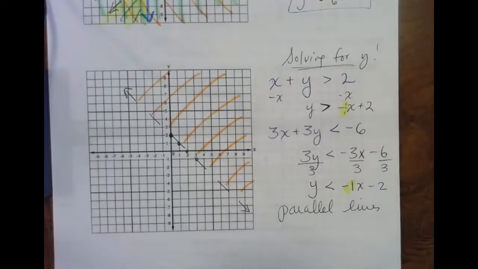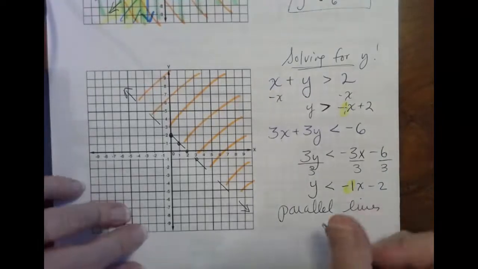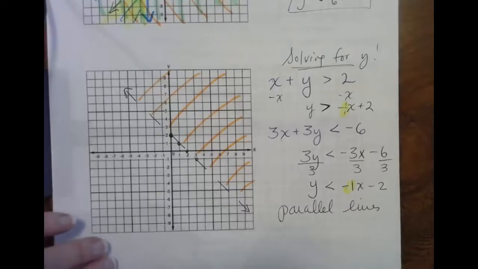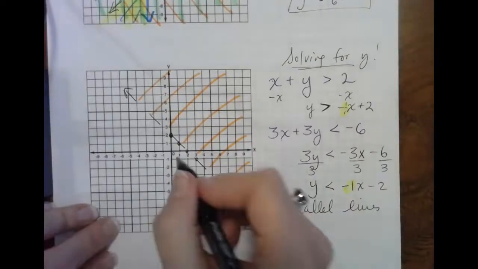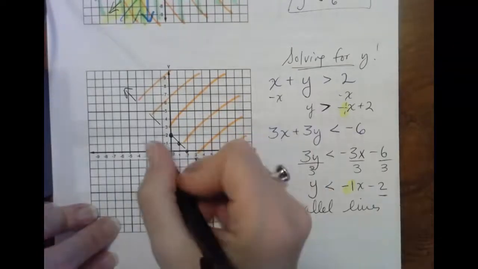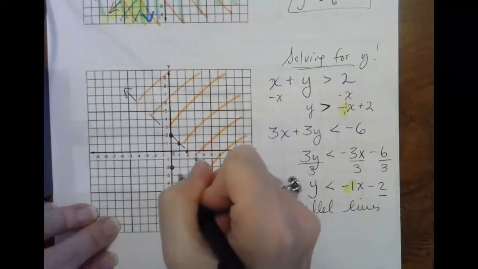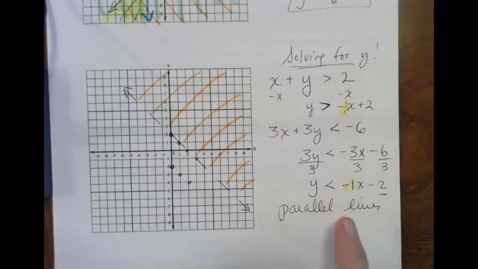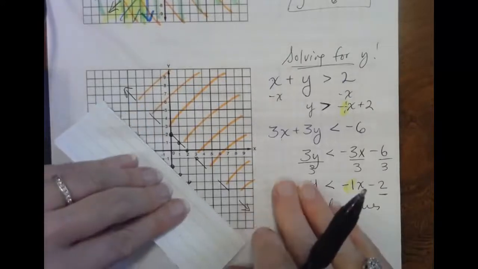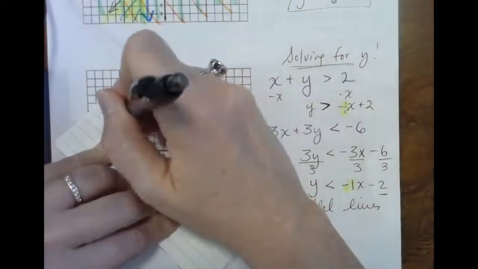These lines are rising and running at the same rate. So they're never going to cross, but let's get it plotted and see which way the shading is going. Y-intercept is at negative 2. Slope is the same. This time it is still broken because it is strictly less than.